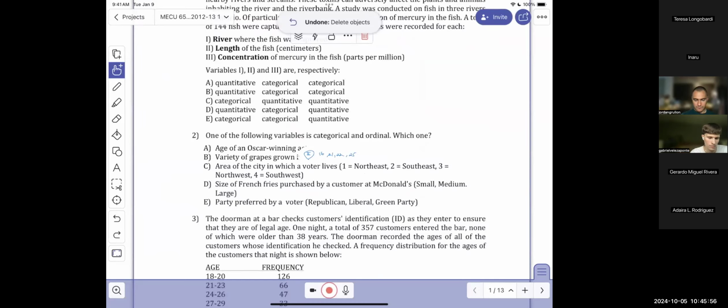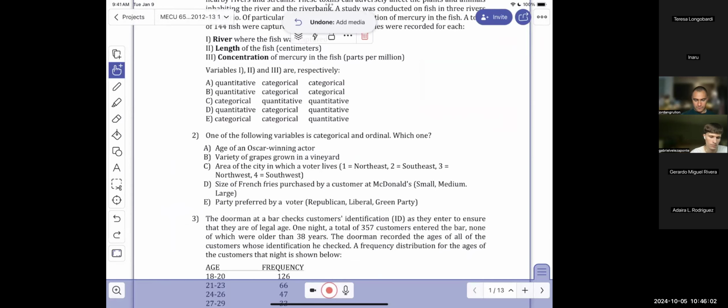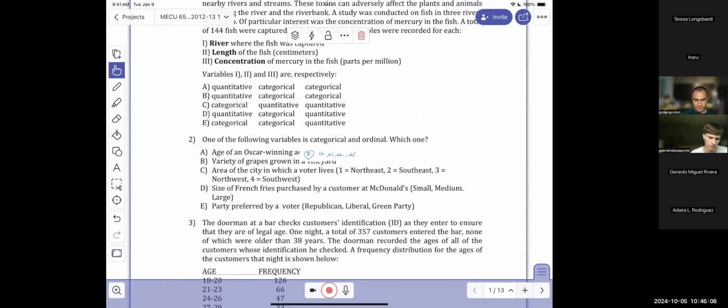All right, so I have to go to 16, 21, 22.